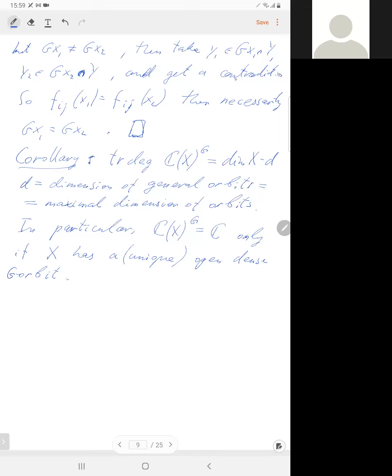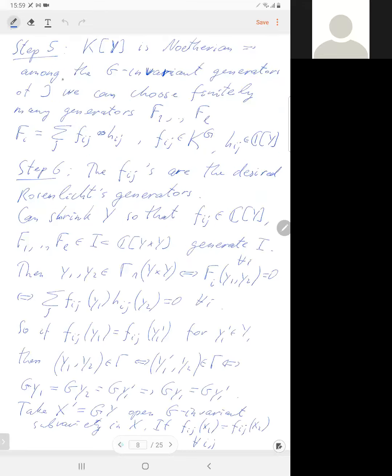Okay. Well, this is an immediate corollary of the theorem, and maybe let me scroll back.